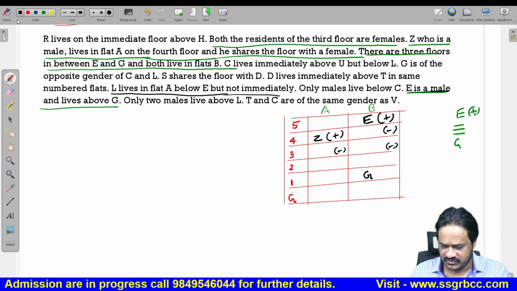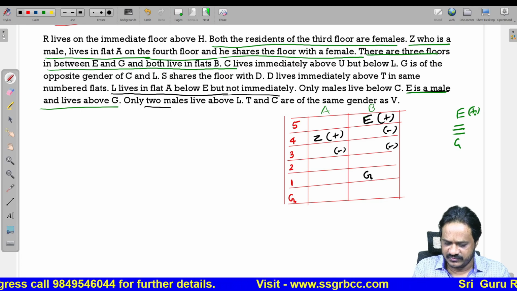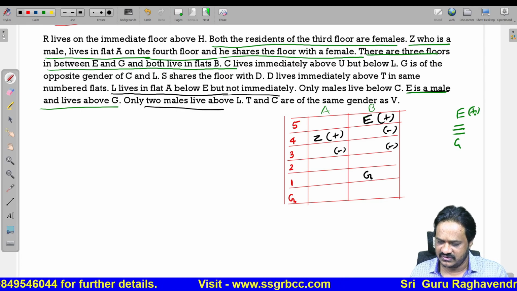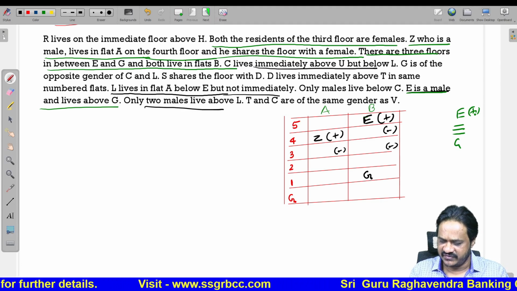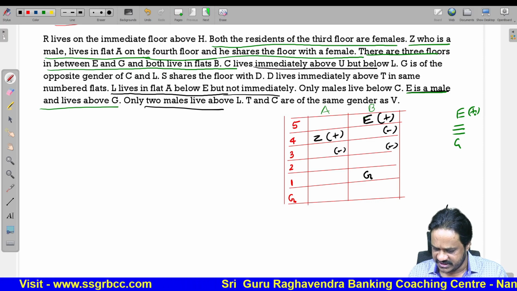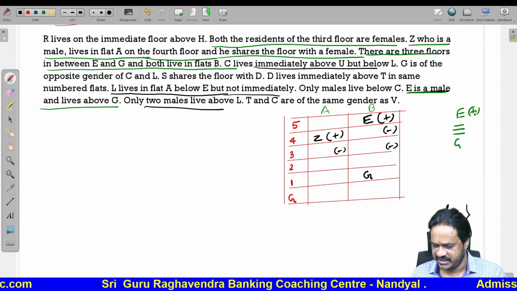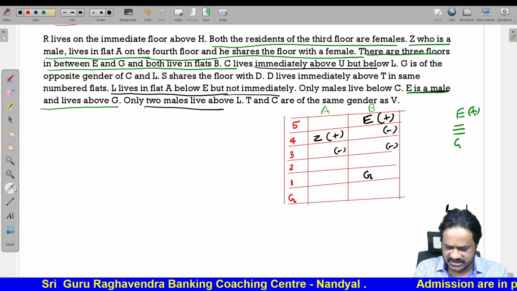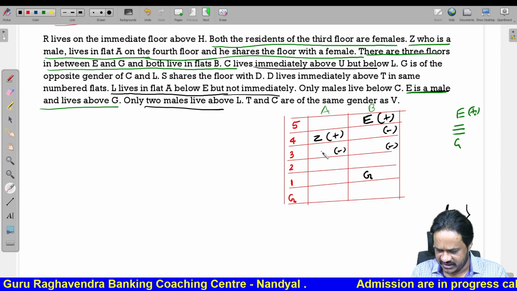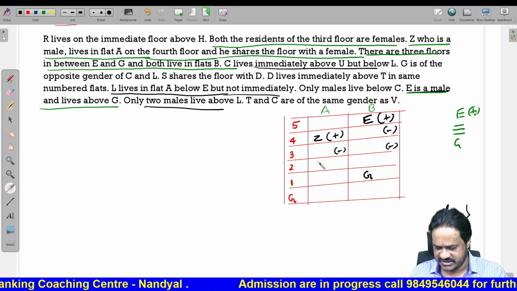Then C is living immediately above U and C is living below L. So after L we should get C and U. There are 2 chances for L: the 3rd floor or the 2nd floor.